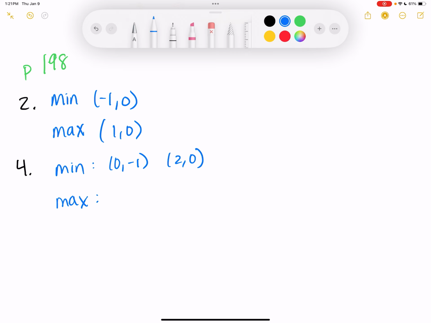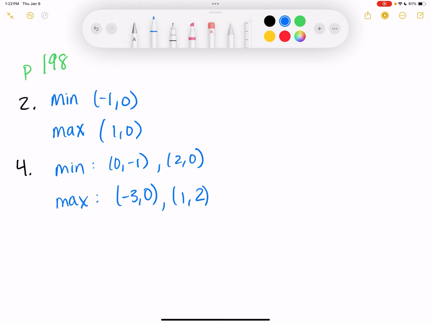What about maxes? 0, -3, and 1, 2. Yes. The other one, I think you said it backwards. -3, 0. I didn't think about it. That's why I was looking at it. I was like, there's not even a 3 on there.